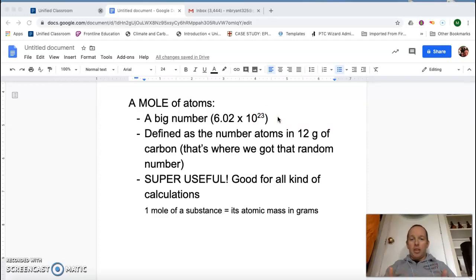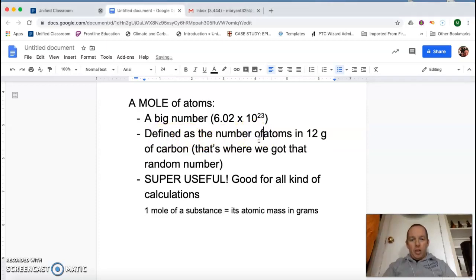But there's actually a pretty good logical explanation for what seems like a random number. A mole is defined, or was defined back in the day, and I believe the video refers to this, as the number of atoms in about 12 grams of carbon.